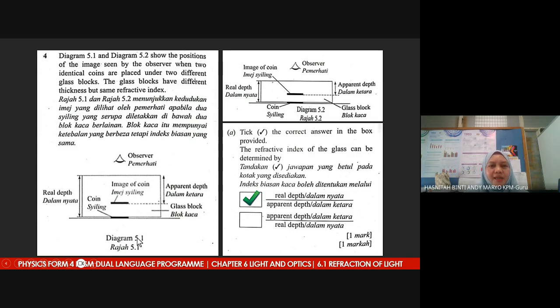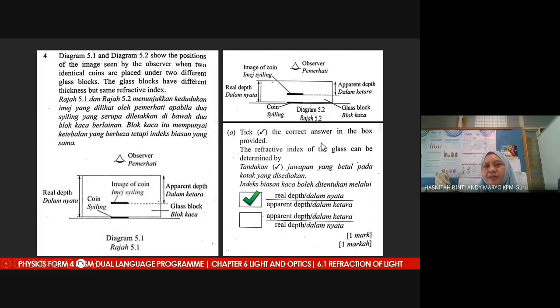You can see this is the apparent depth for the first glass block and this is the apparent depth of the second glass block, right? This is the real depth of the coin in the first glass block and this is the real depth of the coin in the second glass block.